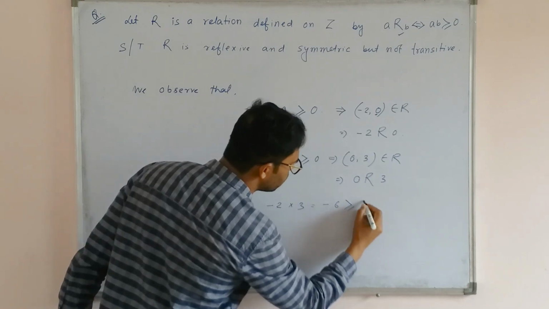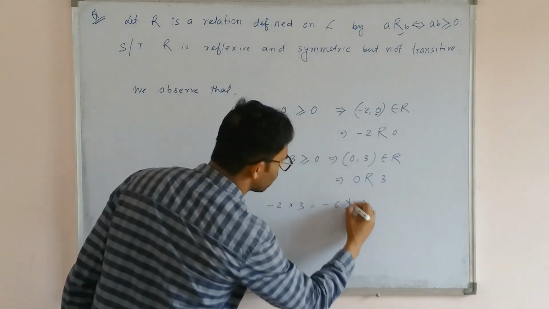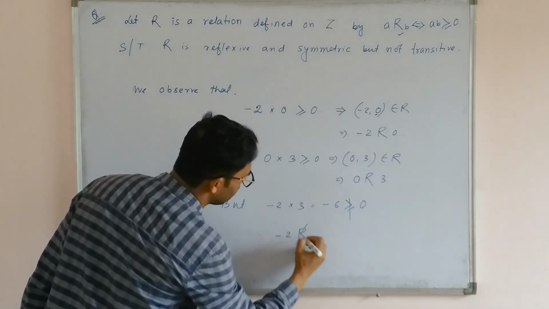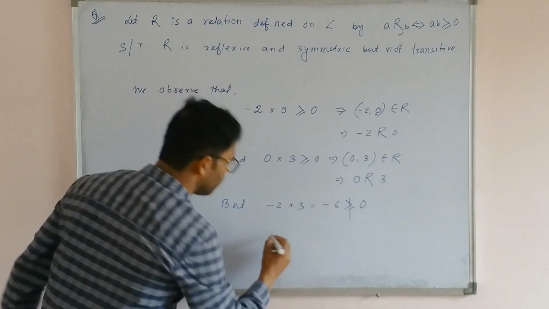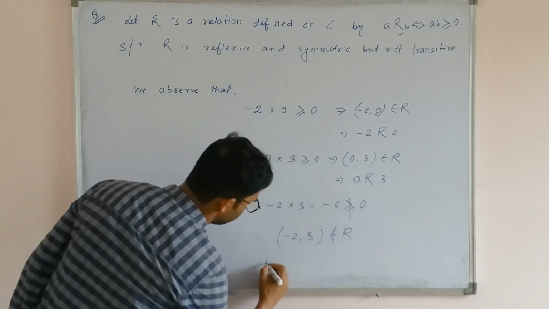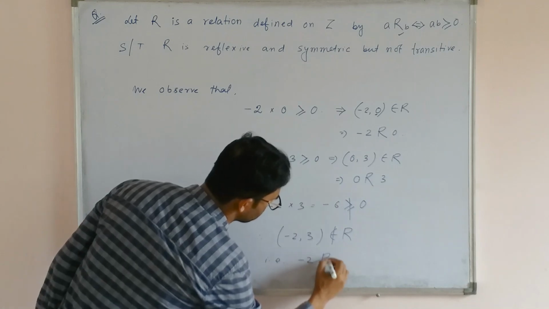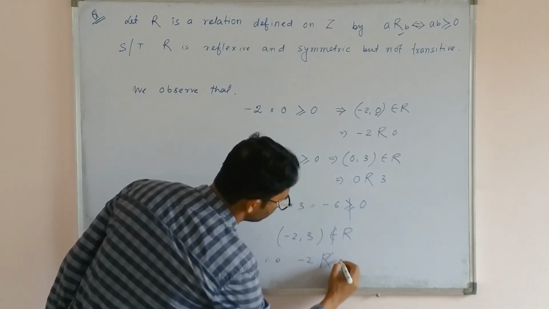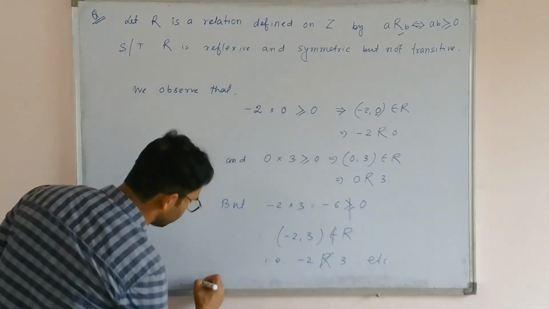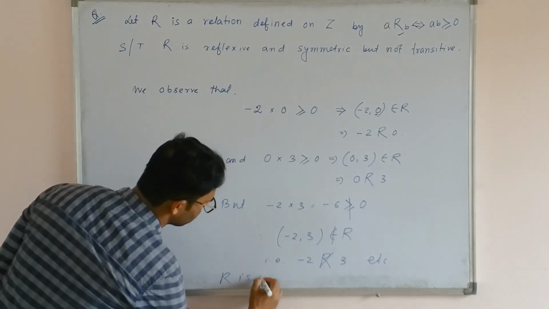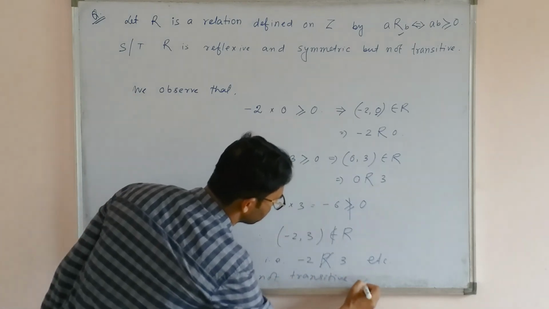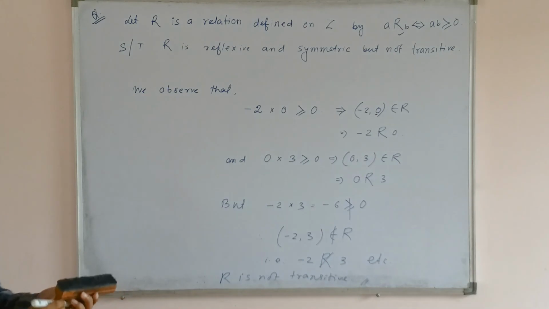Is it greater than or equal to 0? No, it is not. So minus 2 is not R related to 3. Therefore R is not transitive. So this completes the solution of the problem.